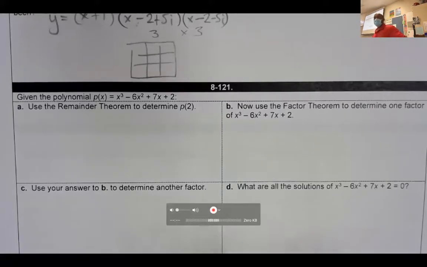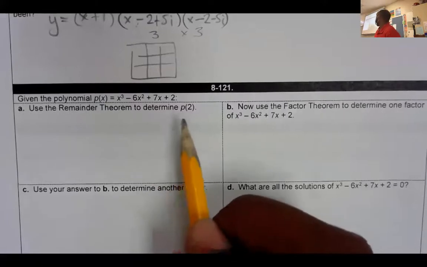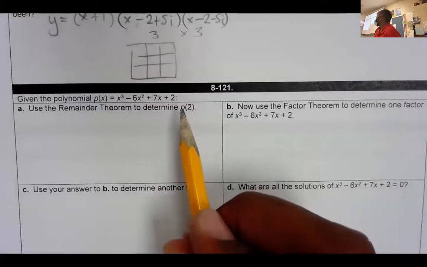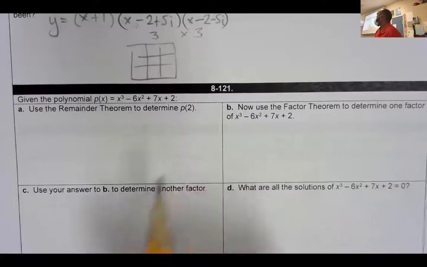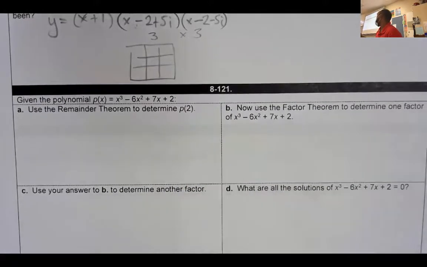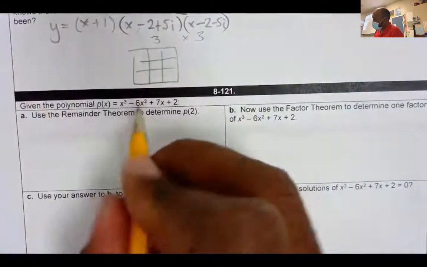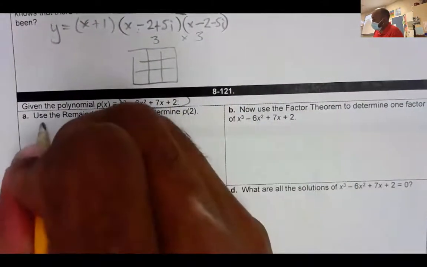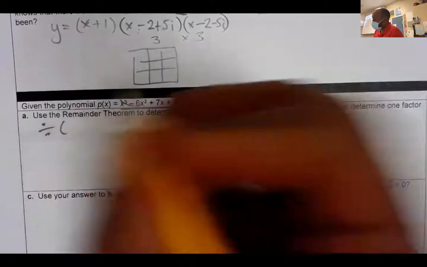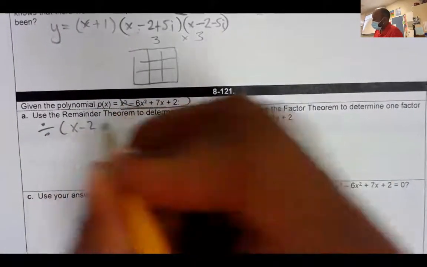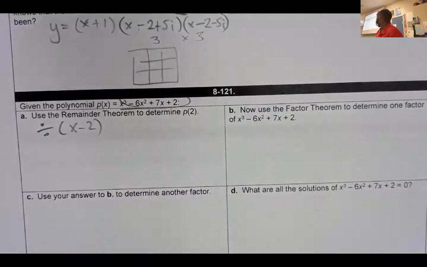Because at first I thought it was asking you to plug it in. So what this is asking you to do is basically try 2 as a number to divide into this polynomial. So you're going to take this polynomial and then divide by x minus 2. Okay, so divide by x minus 2.